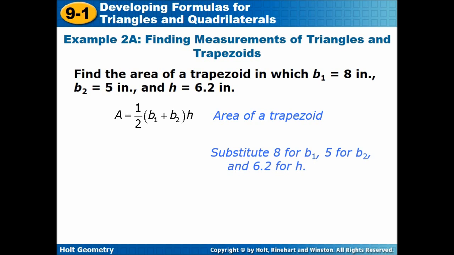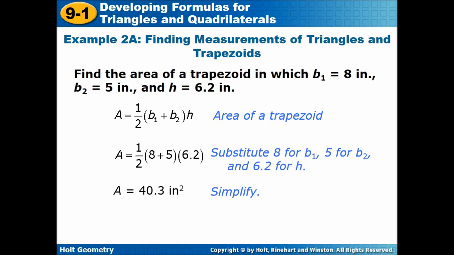So we'll substitute 8 for B1, 5 for B2, and 6.2 for the height. And there you have it. Now you just simplify: add together the 8 plus the 5, take 1/2 of that, and then multiply that by 6.2. And here is what you get. The area is 40.3 inches squared.